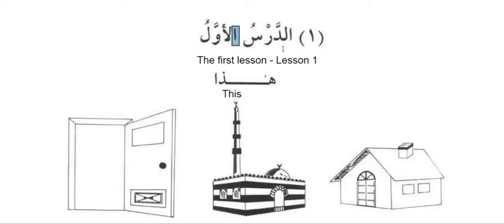In some of the masahif, like al-mushaf al-madani, the mushaf that is printed in al-Madinah, they would put the head of that sod on this alif to indicate that it is really hamzatul wasl. That being said, you do not pronounce it when you join. You say ad-darsul, and you join the sin with the dhamma to the lam with sukoon. Ad-darsul awwalu. The first lesson.